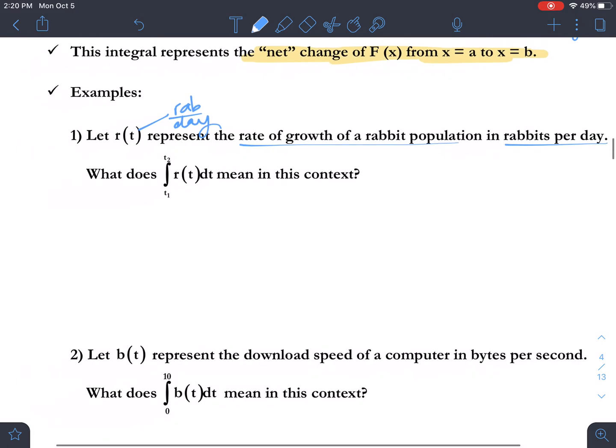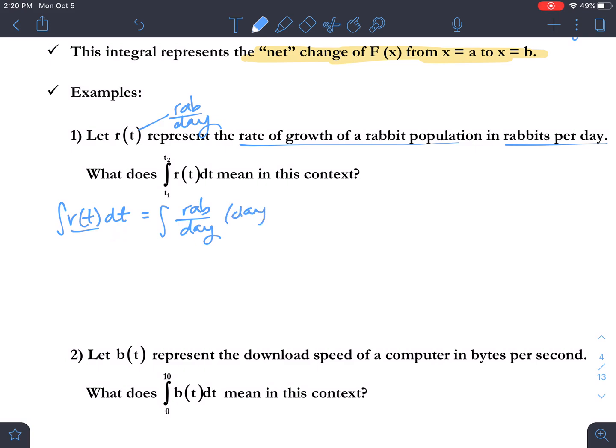Very similarly, usually I start out like this, and I just say, all right, the integral in general would represent, so r of t is in rabbits per day. Let's just do this casually here. And then dt, this is change in time. dt is in days.